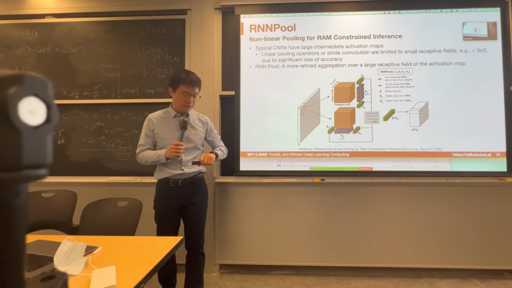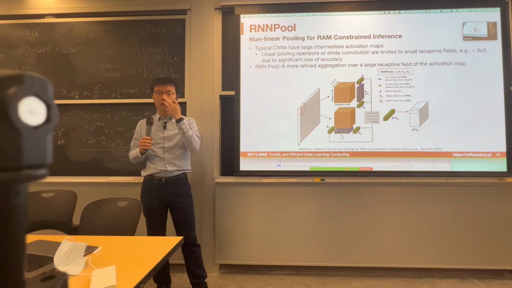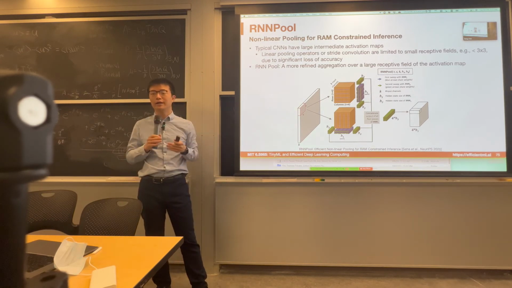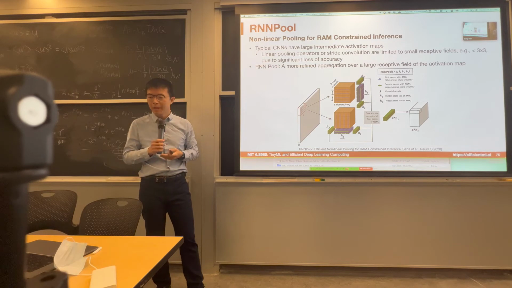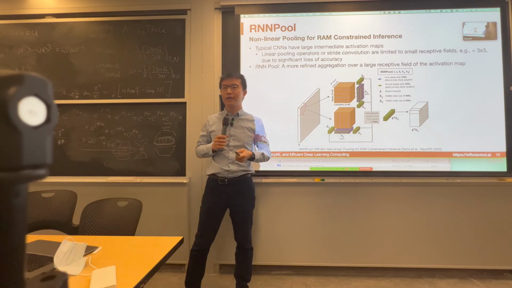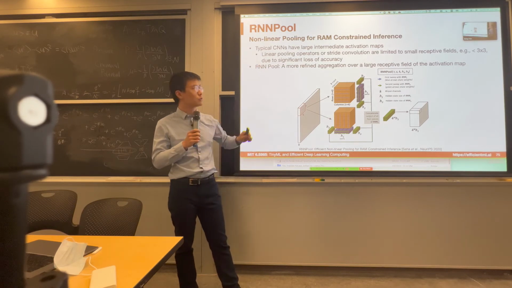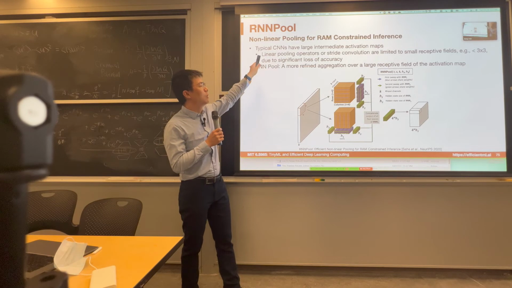All right, so I'm going to introduce a couple of other works, okay, targeting this TinyML and tiny model design. So far we talked about using CNNs for these vision models, right? So what about combining CNN with some RNNs? So this work is called RNNPool, right?